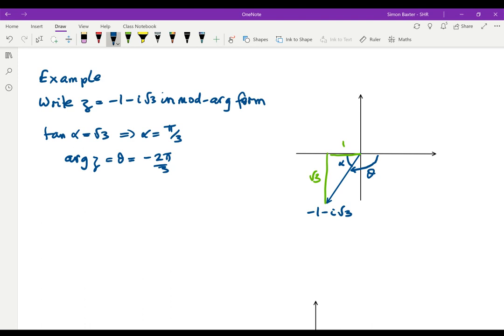If alpha is pi by 3, I need an angle of 2 pi by 3 to make up the straight line. Minus 2 pi by 3 will be the argument.